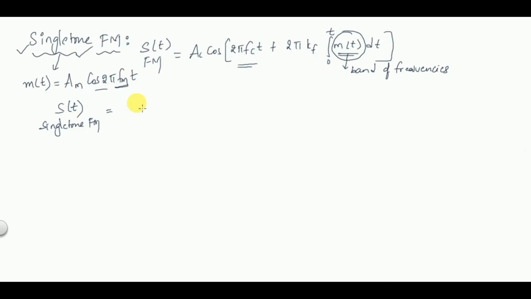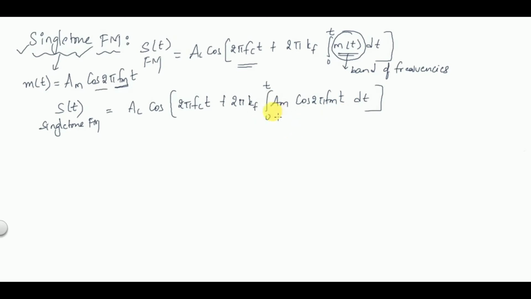That's all. So Ac cos of 2 pi fc t plus 2 pi kf integral 0 to t Am cos 2 pi fm t dt.